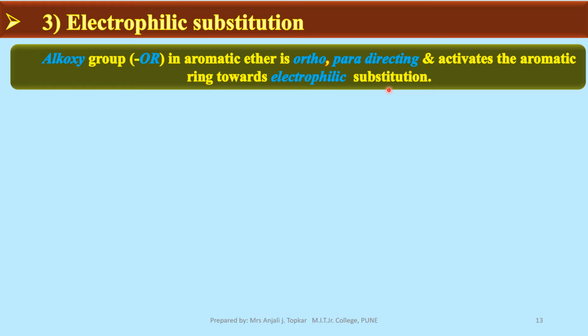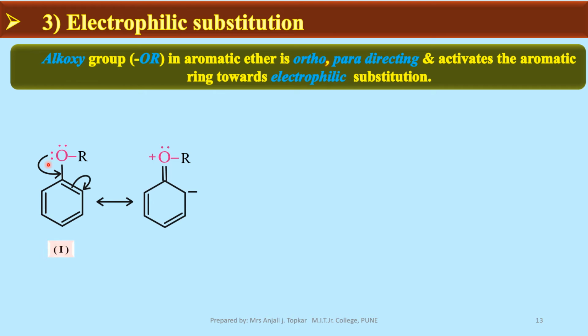This is evident from the resonating structures which can be seen here. Here we find one of the lone pair of oxygen atom. The electrons move here in between the oxygen and the sp2 hybridized carbon atom, giving double bond character.